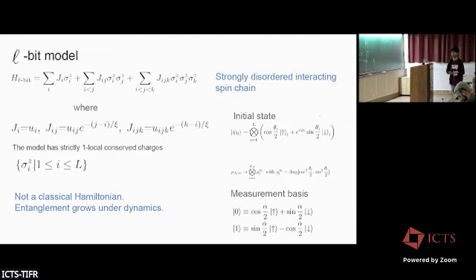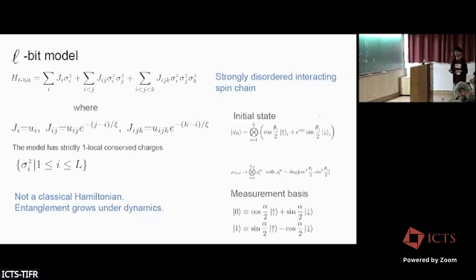The conserved charges of this particular model are strictly one-local. So the sigma z's are the conserved charges. And under dynamics, the occupation of the two levels does not change. So it conserves the occupation of the 0 and 1 levels. We'll start with the initial state, which is a random product state, where theta is chosen from the Haar distribution, such that your single qubit states are Haar random.